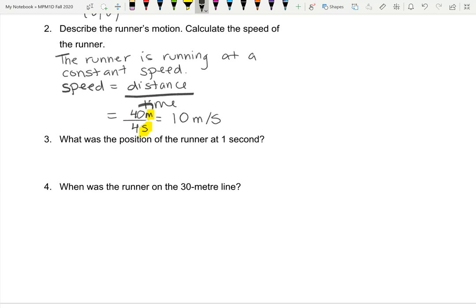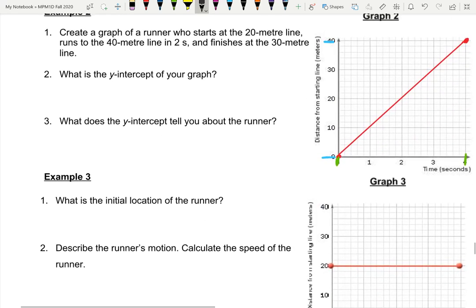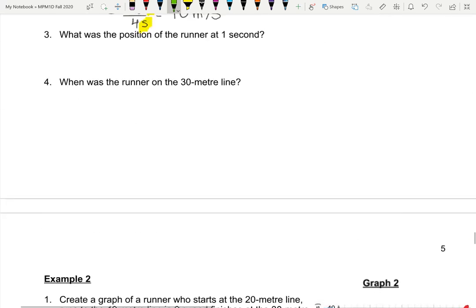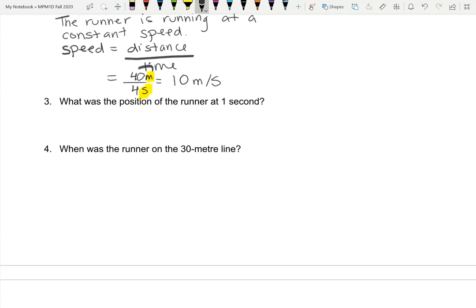What is the position of the runner at 1 second? At 1 second, the runner is 10 meters away from the starting line. So that's the point (1, 10).